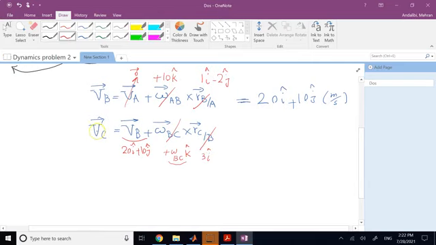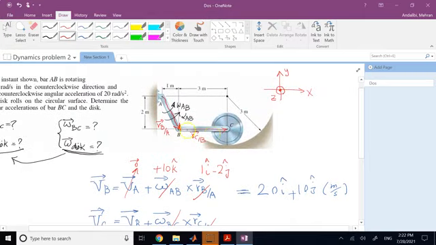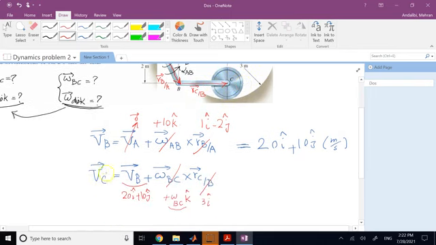What do I know about point C? Well, nothing directly from member BC. There is nothing that I know about v of c. So I cannot write anything about v of c, but I know one thing about c, and that is c belongs also to the disk. So not only can I find velocity of c through member BC, I can also find it through the disk. It's a joint, a common point, an intersection point.